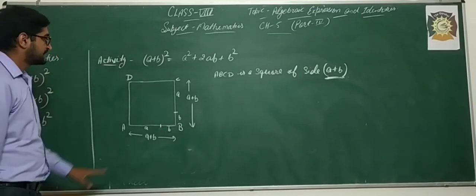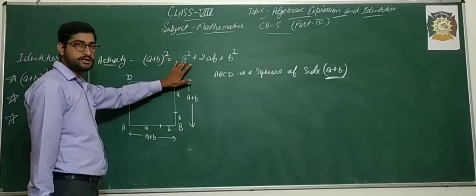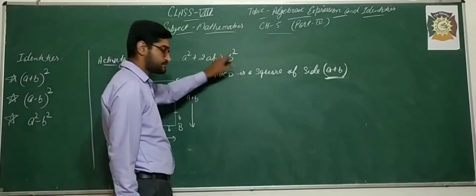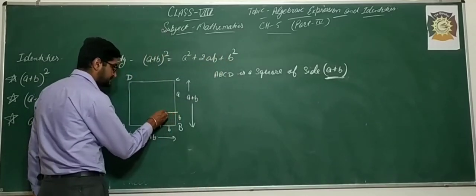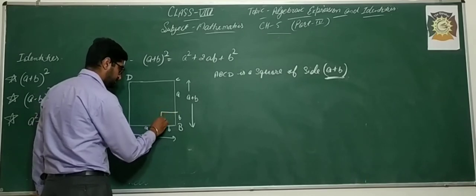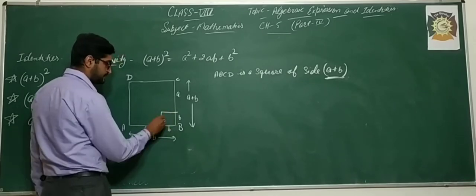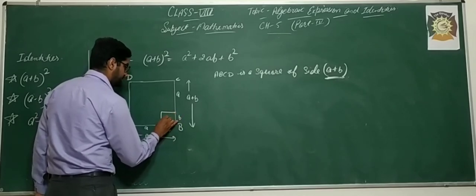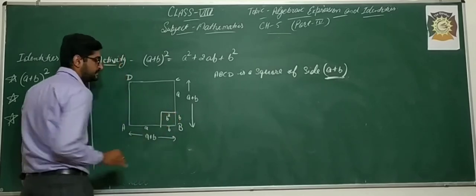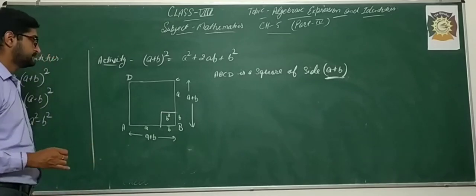Now the condition is a square plus b square. Here you can see when we join this, it becomes a square whose side is b and whose total value is b square.